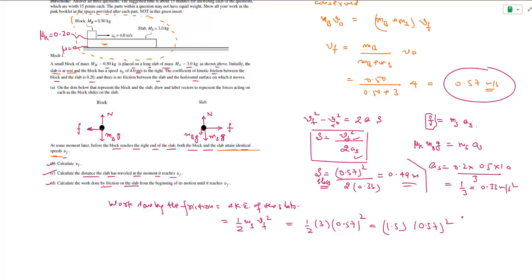So what will that be? It is 0.487 joule. If we round off to 2 decimal places, that is 0.49. Clear? Right? So that's not a difficult question, a relatively very easy question it is.